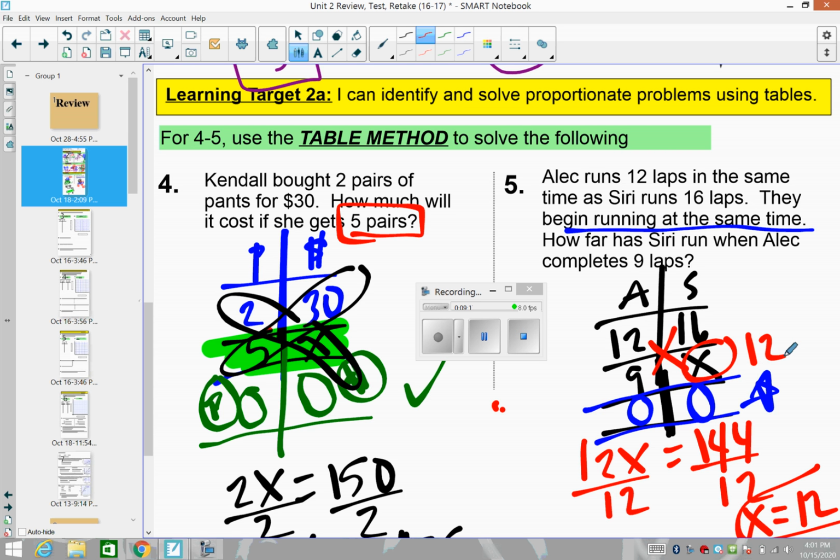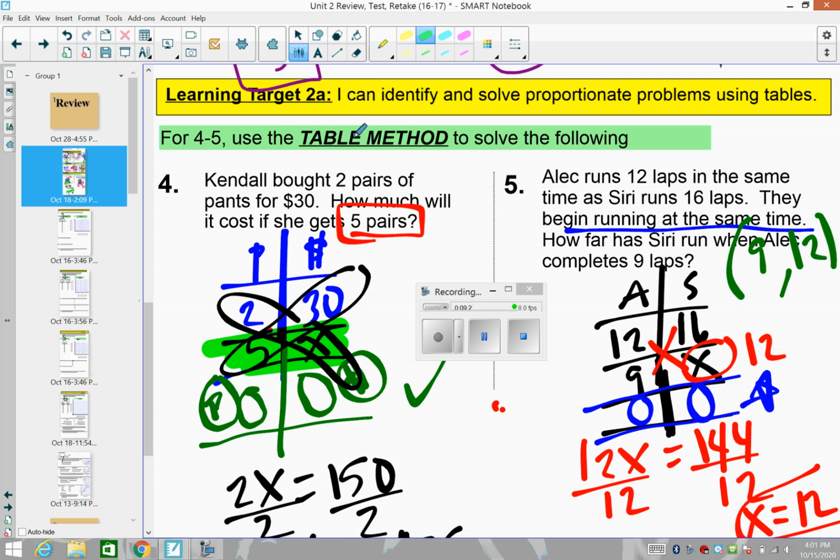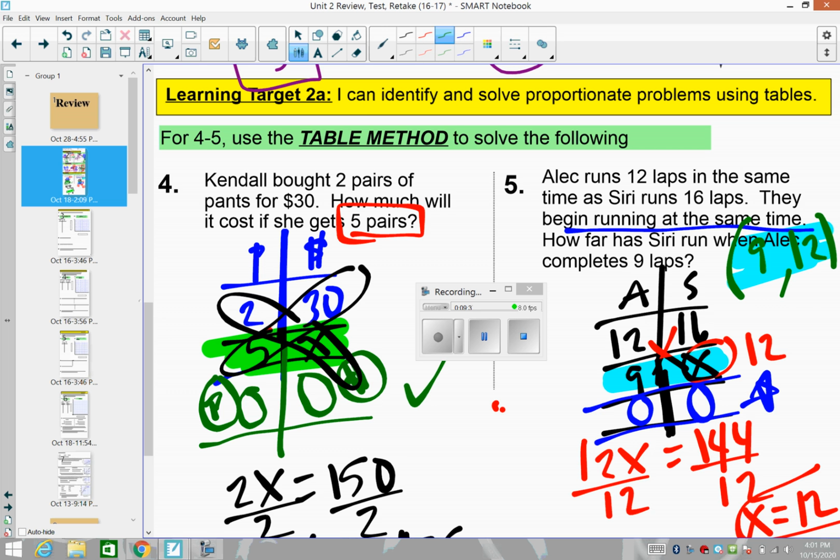So for our solution, 9, 12 is the data point we're looking for. How did I get that? I got it from the original table that says, if Alec is on lap 9, what lap is Surrey on? We would say, well, if Alec is on lap 9, Surrey is on lap 12.